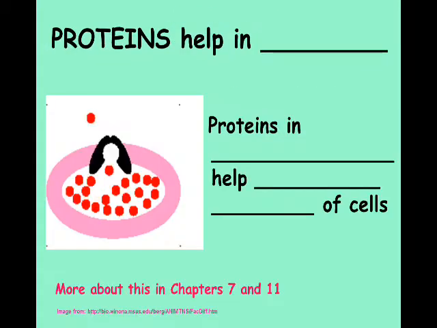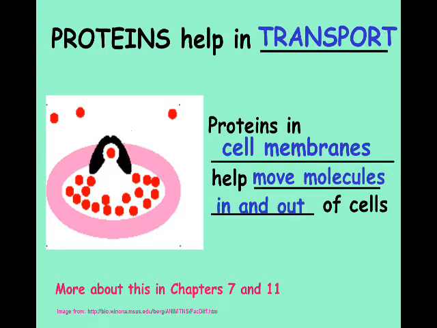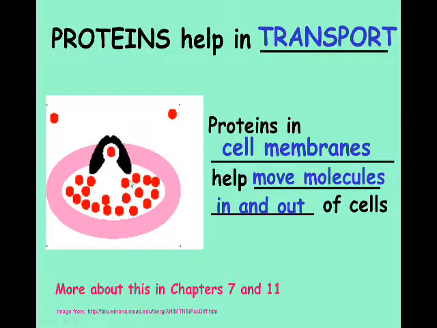Proteins can help in transport, moving things in and out of cells. Remember, we said cell membranes are made out of proteins and phospholipids. So this little pink ring in the animation is a cell membrane. Part of that cell membrane has proteins in it, and some of those proteins are transport proteins.